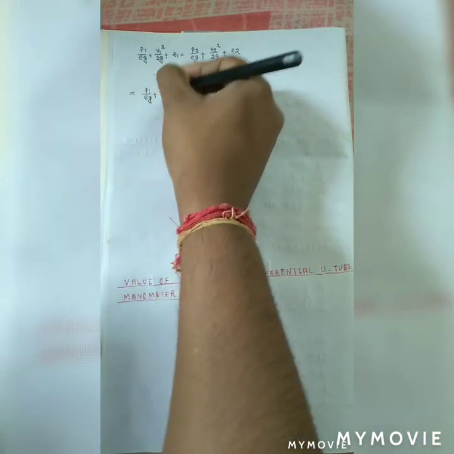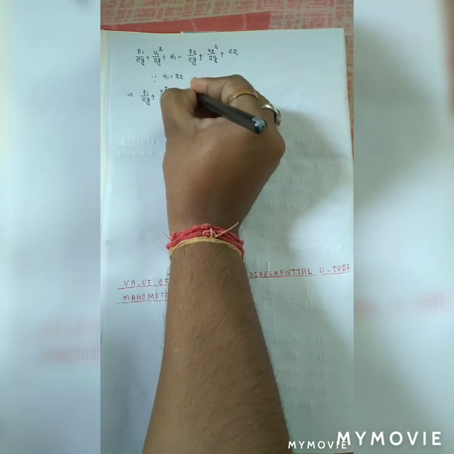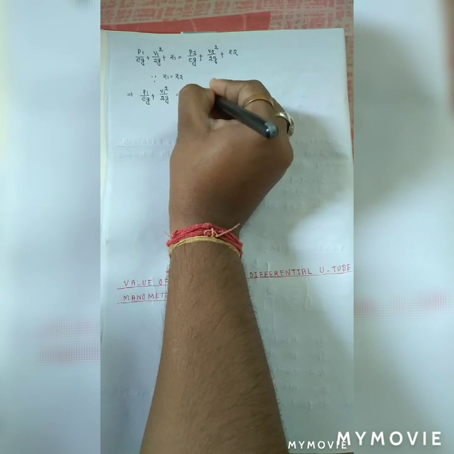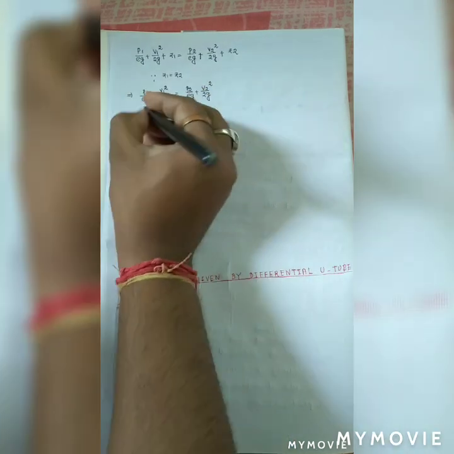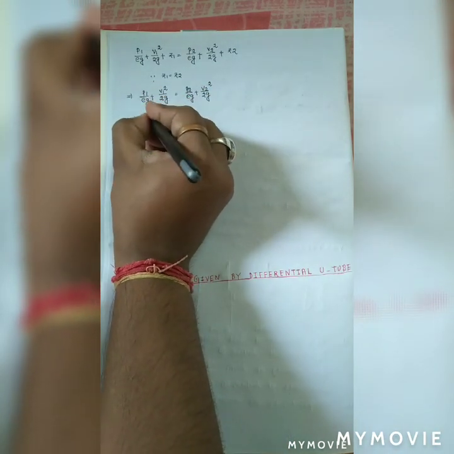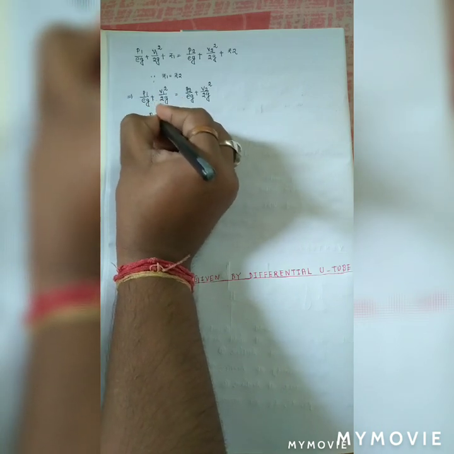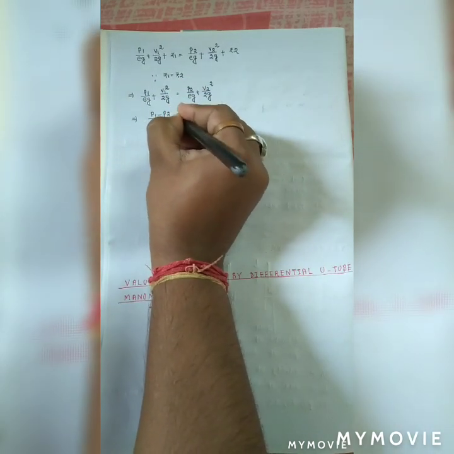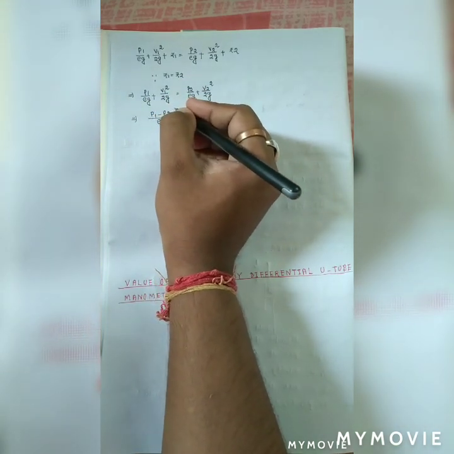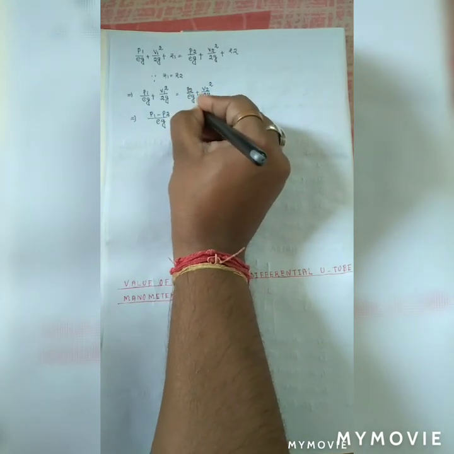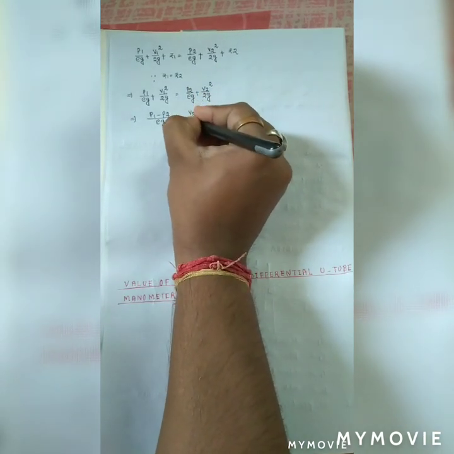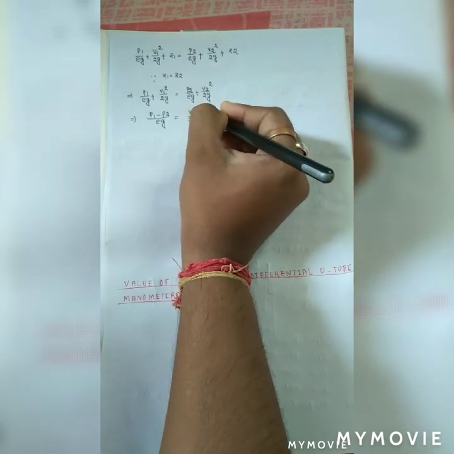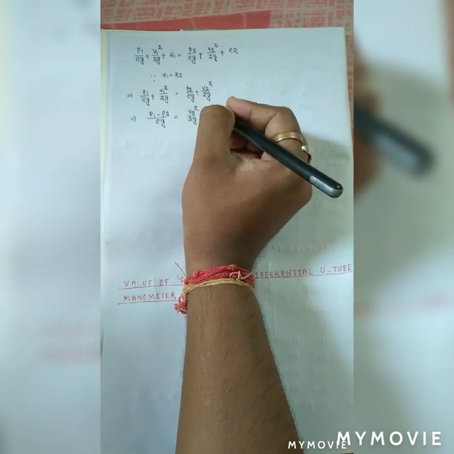After cancelling z1 and z2, the equation will be like this: p1 by rho g plus v1 square by 2g equal to p2 by rho g plus v2 square by 2g. After rearranging, this will become p1 minus p2 by rho g equal to v2 square by 2g minus v1 square by 2g.